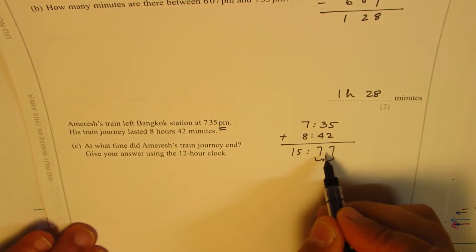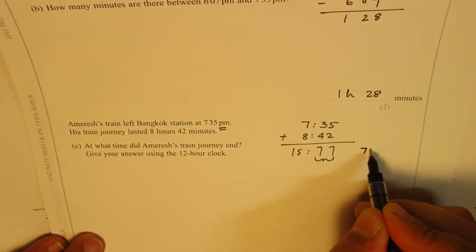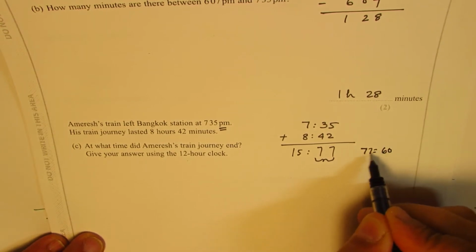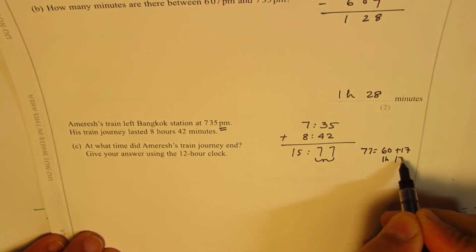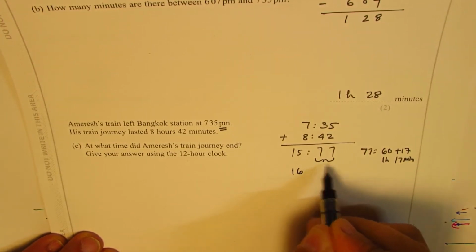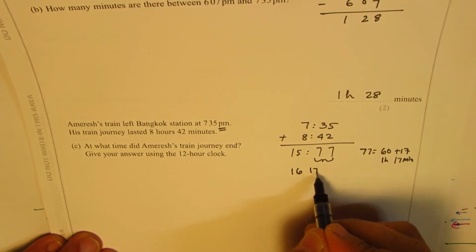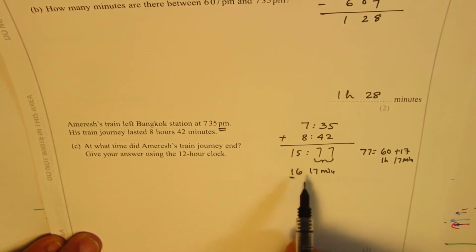You need to convert this to hours and minutes. So 77 can be written as 60 plus 17, right? So 60 is like 1 hour and 17 minutes. So what we get here is 16 hours and 17 minutes, correct? So 16 is 4 more than 12, right?